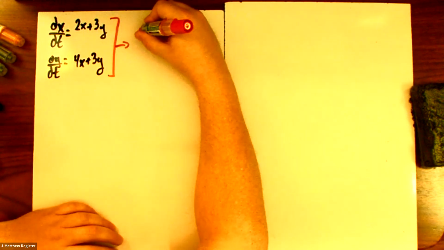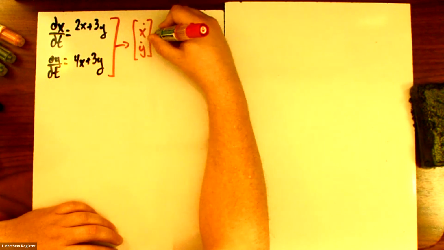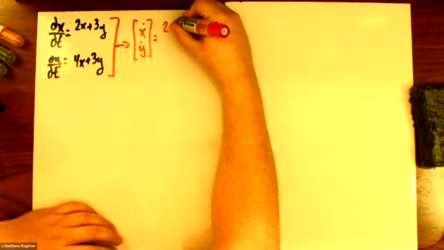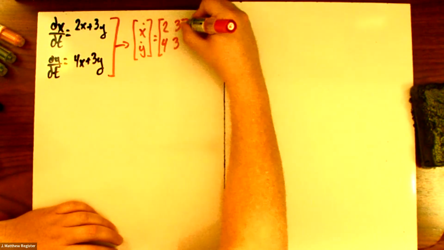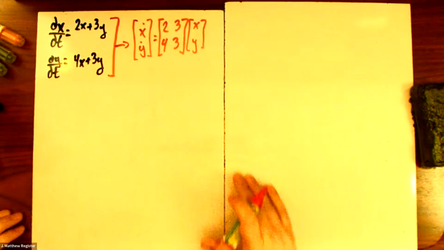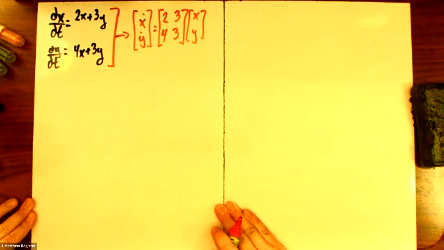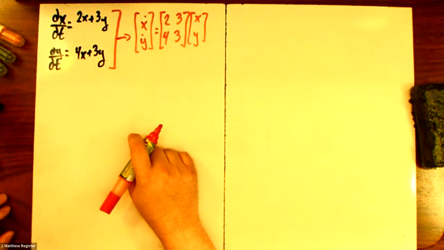We are going to get x dot, y dot equals 2, 3, 4, 3 times xy. And so now we need to figure out our eigenvalues for this system. And it might make sense to actually write out the system with the eigenvalues written in it.